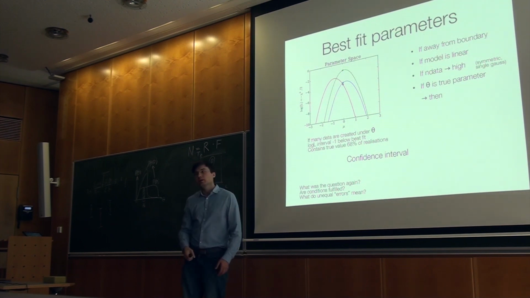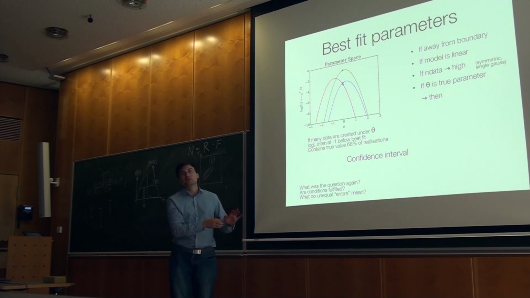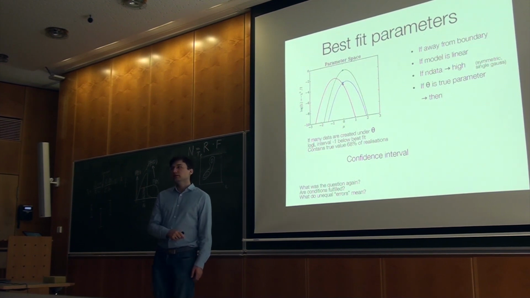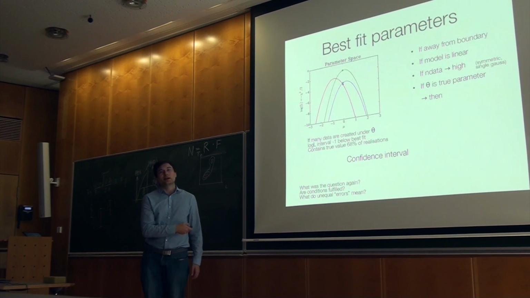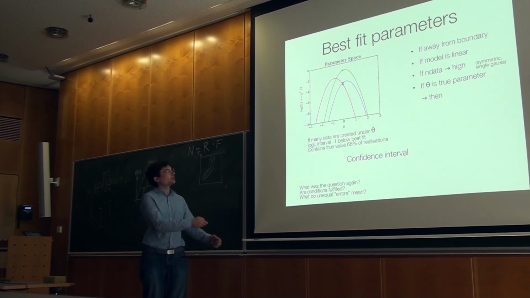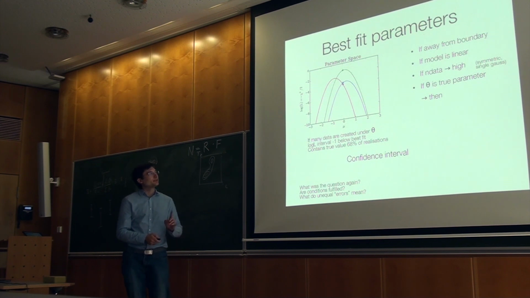If this likelihood function is away from any parameter boundaries, so it's nicely isolated, and if the model that you're fitting is linear in its parameters, for example you have components that are additive, and if the number of data is high, so you have a lot of counts, so that you have this symmetric, nice, single Gaussian distribution, then you can do the following.